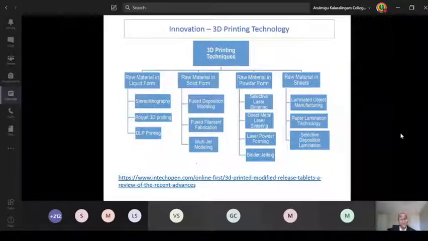The 3D printing technique is patient specific and highly economical, and as per the patient needs, they can produce tablets, particularly oral tablets. I think one company has already got approval, that is levetiracetam, a drug made using 3D printing. That technology is known as ZipDose.